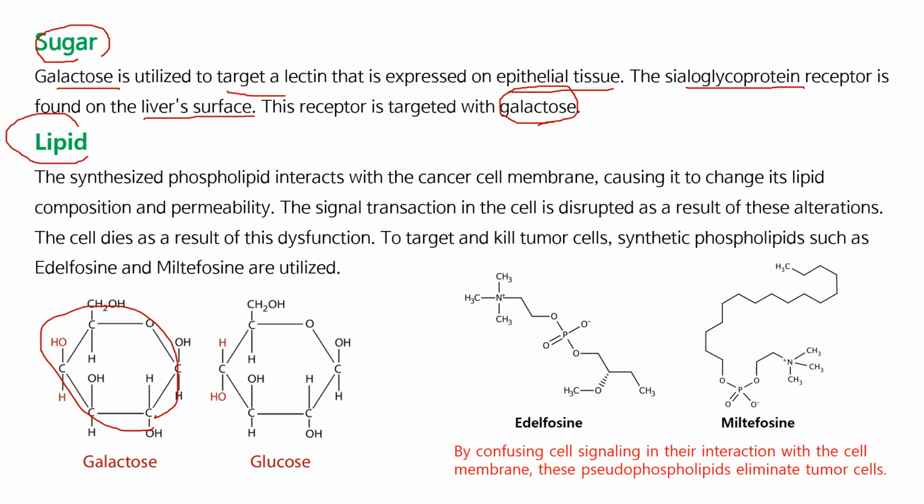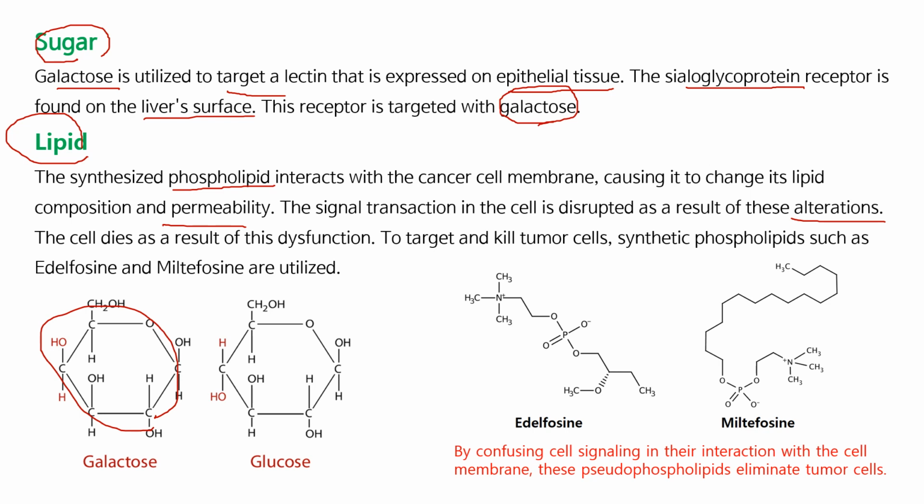Next, lipid. The synthesized phospholipid interacts with the cancer cell membrane, causing it to change its lipid composition and permeability. The signal transduction in the cell is disrupted as a result of these alterations.